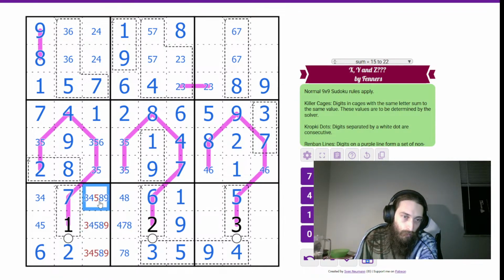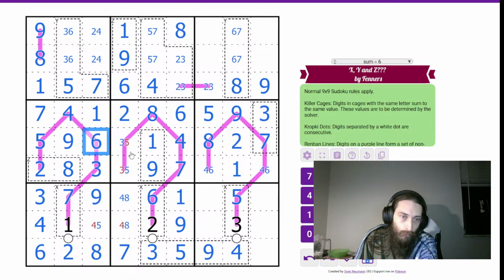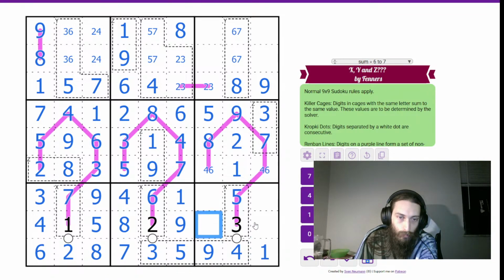1, 2, 6, and 7. 5, 3, 9, 3, 4, 5, and 9. It's 8, 7, 4, 5 pair. Column 3 has a 2, 4 pair. This is a 1. 6 and 7. 8 2.